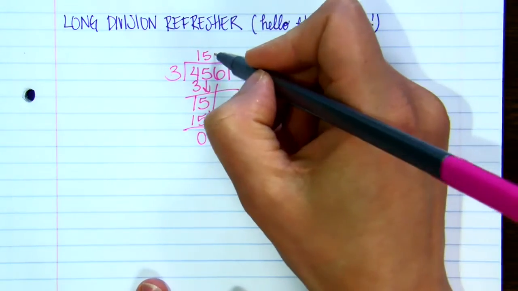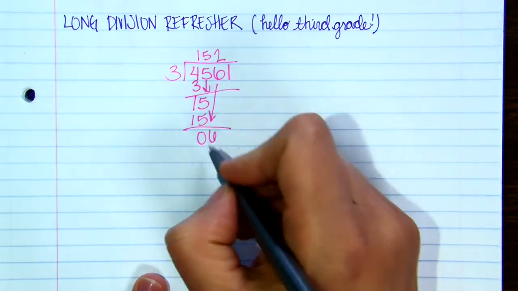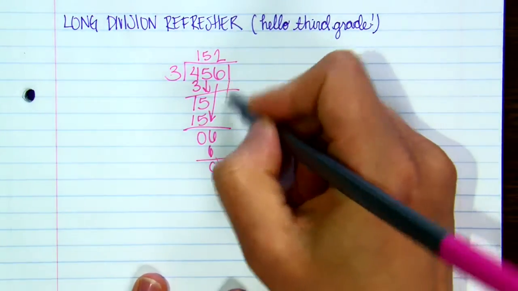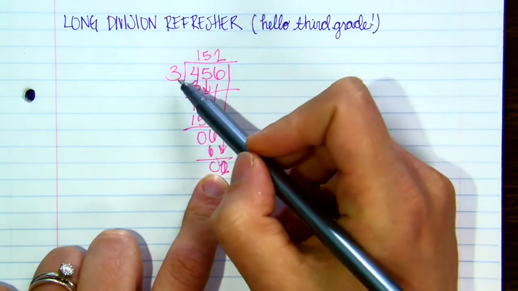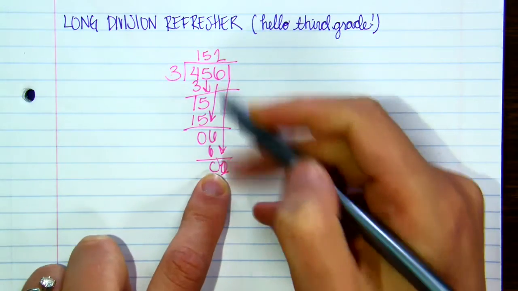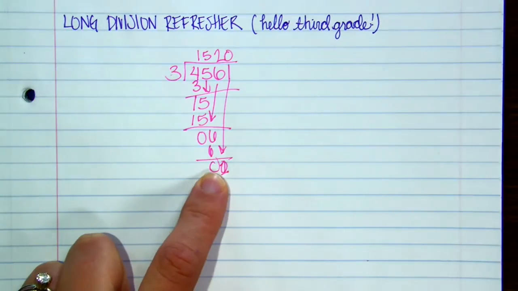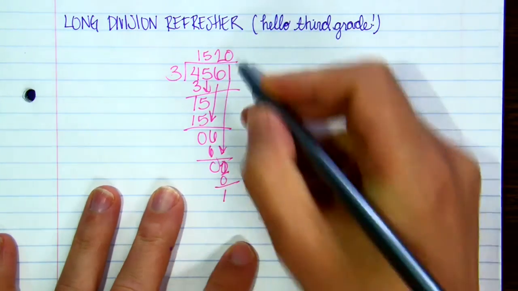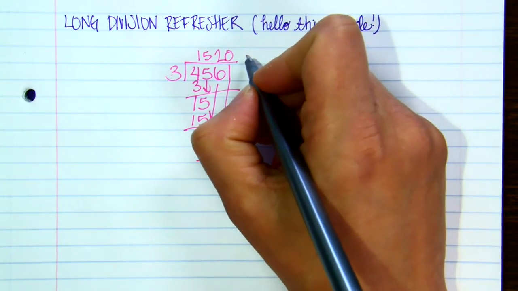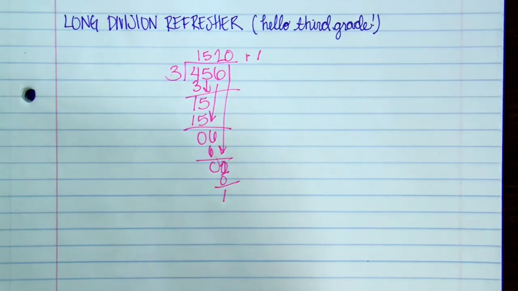3 goes into 6 2 times. 3 times 2 is 6. 0, bring down the 1. Oops, that's a 1, not a 0. And 3 does not go into 1, so I need to make sure I put a 0 in the 1's place. So I have a 1 left over. So way back when you first learned this, you would write remainder 1.